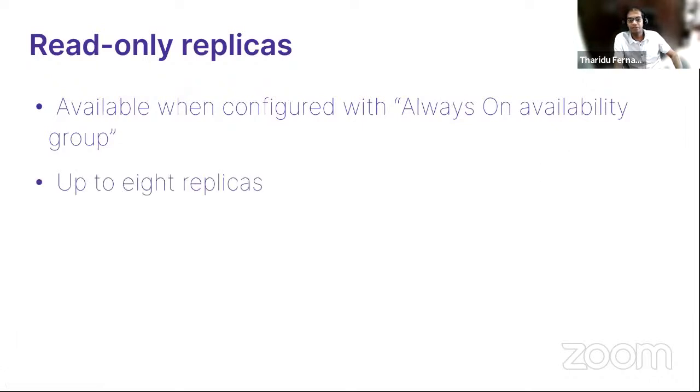You can configure up to 8 replicas, and the cool thing about read-only replicas is that you can read data from these replicas, as the name suggests. Suppose you have a reporting workload, or a Power BI instance that wants to query, but you can't sacrifice production database performance. You can easily use a read-only replica.